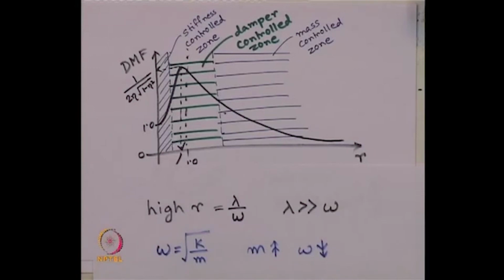Why does it happen? Very high value of mass means the system is pretty heavy. It is a heavyweight system which we are considering. Now, for this heavyweight system, we have applied a very high value of external frequency.